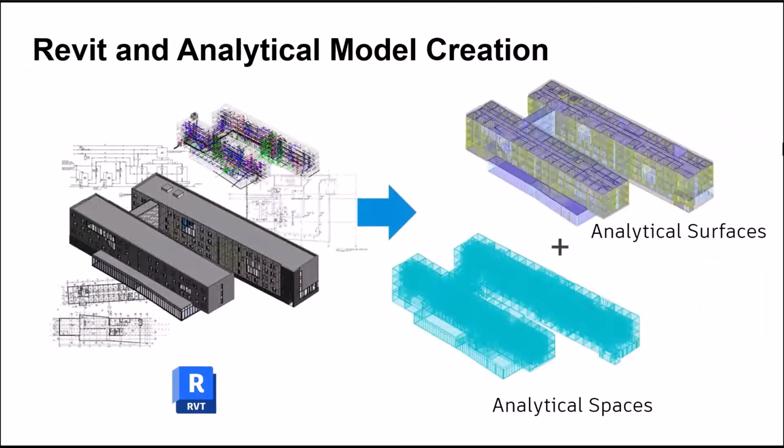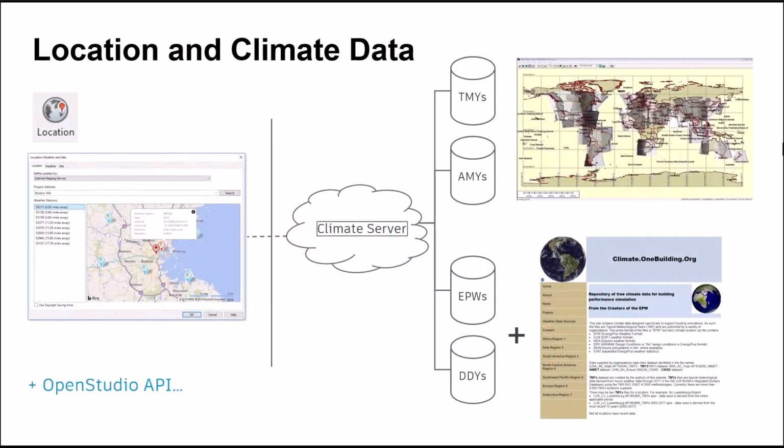So it starts, of course, with the correct BIM model in Revit that includes rooms, zones, wall types, windows, etc. And from that, we can generate an analytical model. This analytical model is just a simplified, let's say, version of the building geometry optimized for simulation. The first thing users need to define is the project location.